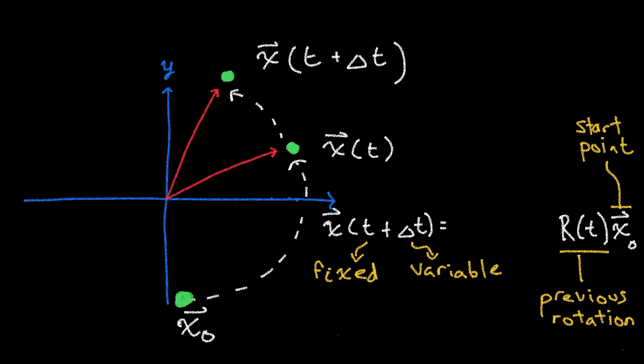And remember that t is fixed, so this is a constant variable. Finally, in order to move our point between its position at time t and its position at time t plus delta t, we'll introduce a new time-varying rotation matrix, delta R.